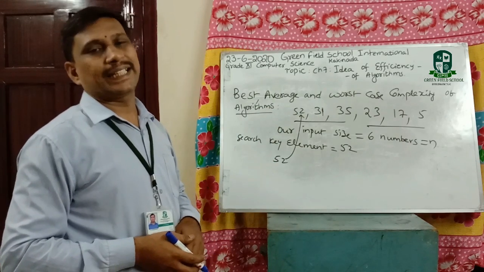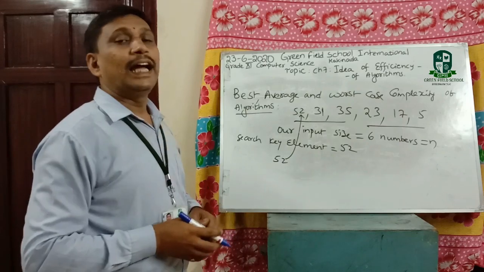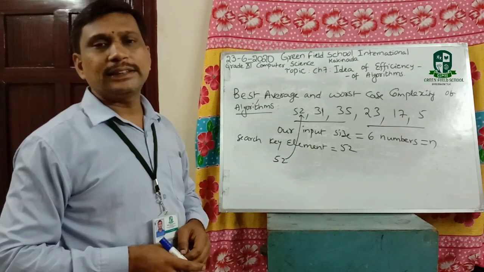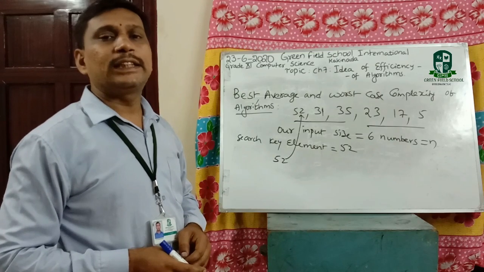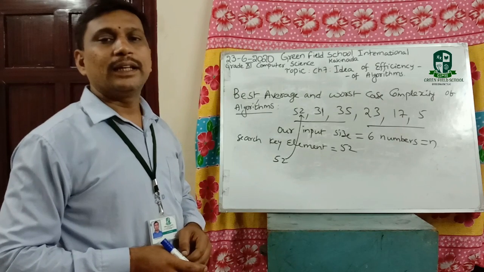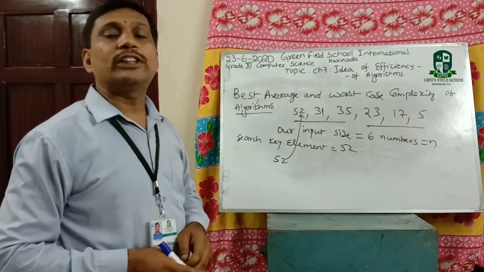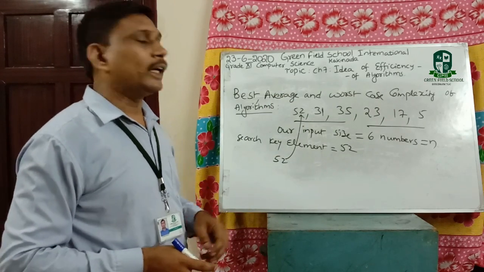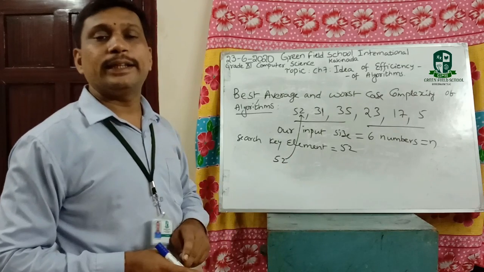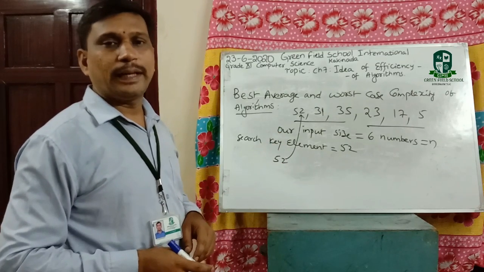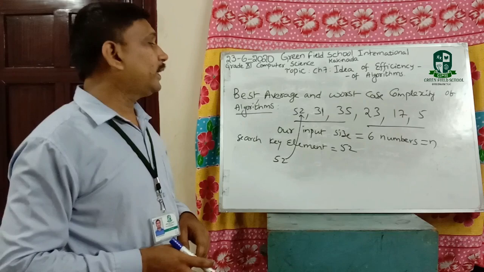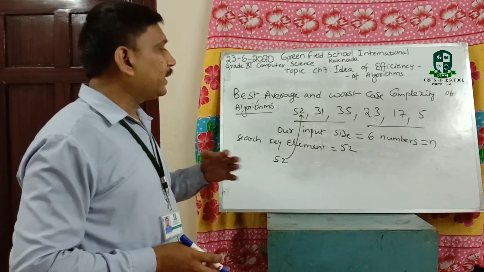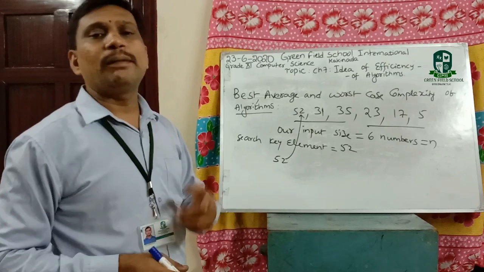So this is the best case. In this case I am not considering the remaining comparisons. Why? Because my key search element is placed in the first position, and then I display the position of this key search element as 1. Here I am doing only one comparison.